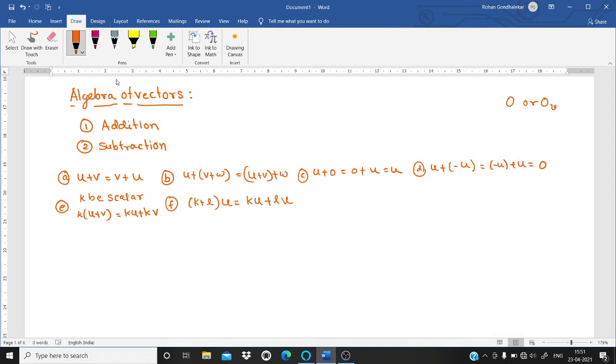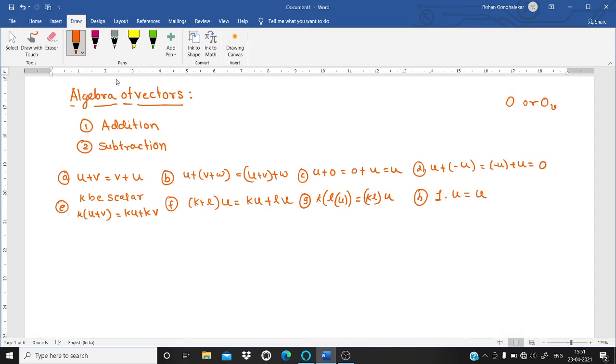Got it? The next property is some scalar k into l into vector u, which provides me kl multiplied with u. And the final, that is the last property, is 1 into u is u itself.